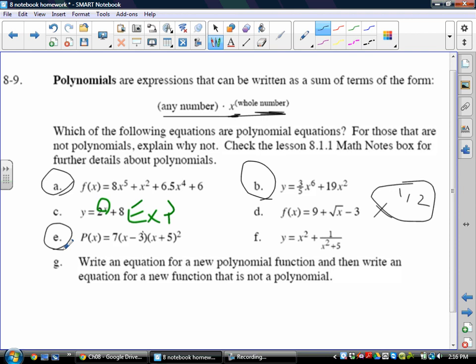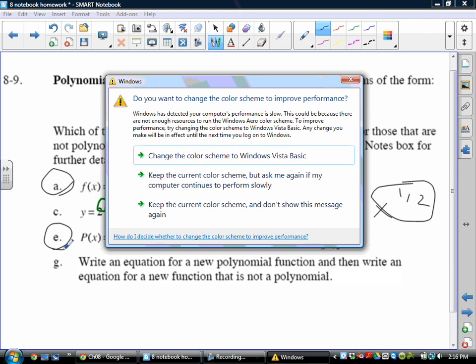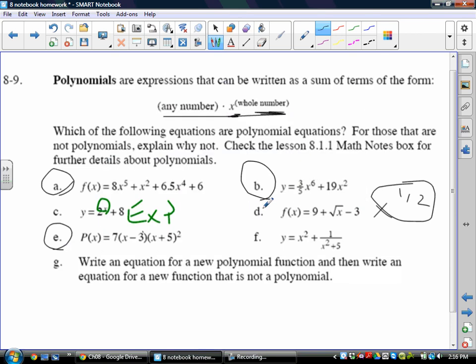Okay. F, we have x to a whole number power plus a fraction here. We have a fraction with an exponent on the bottom of that. So really, all this stuff is going to be to the -1 power if I want it not to be a fraction anymore. So that would now be x to the -1 power, and whole numbers start counting from 0, so not including negative numbers.